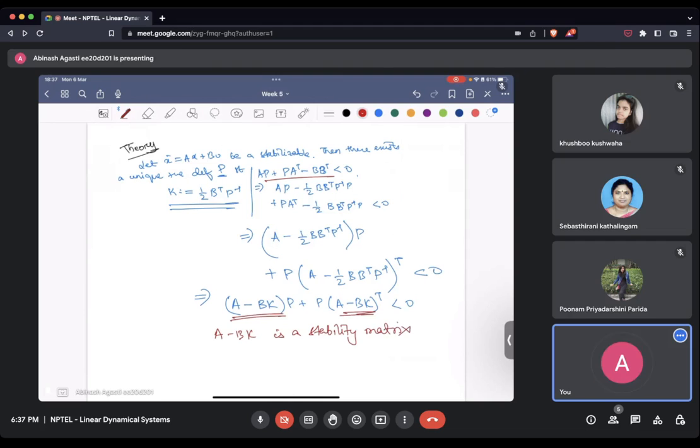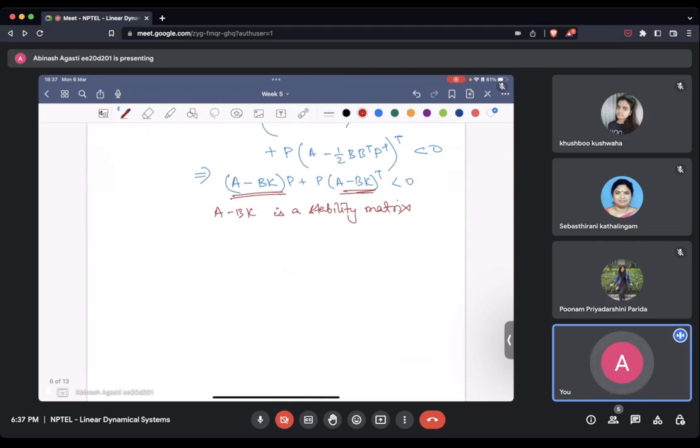Okay. So based on this, we get two theorems. First, if an LTI system of the form we usually discuss is stabilizable, then there exists a K such that A minus BK is stable.